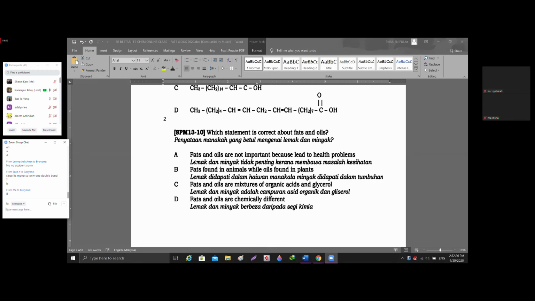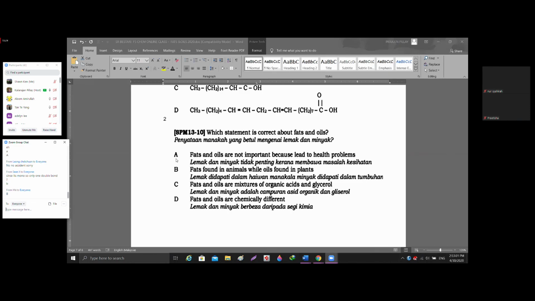Why is A wrong? Tell me why A is wrong. This is an SPM question. The answer is B, fat is found in animals while oil is found in plants. My question is, why is A wrong?